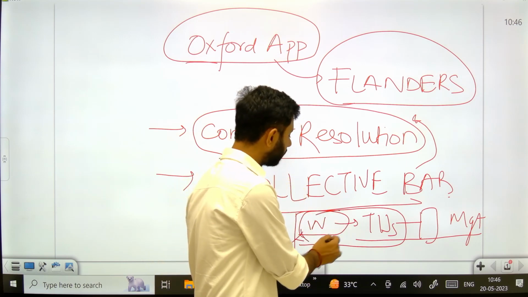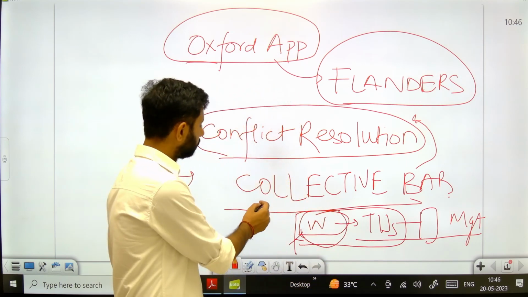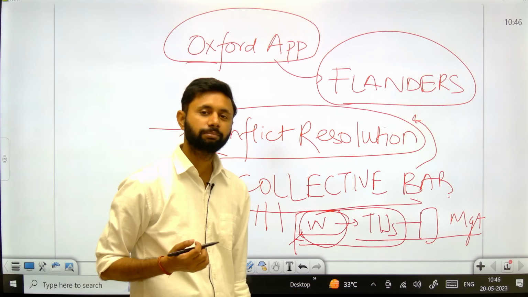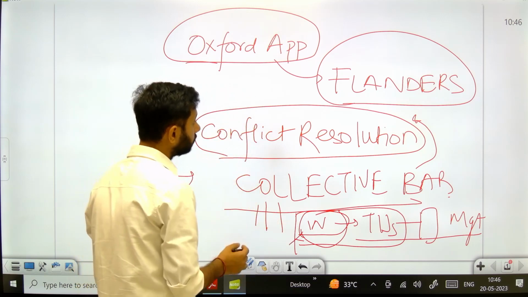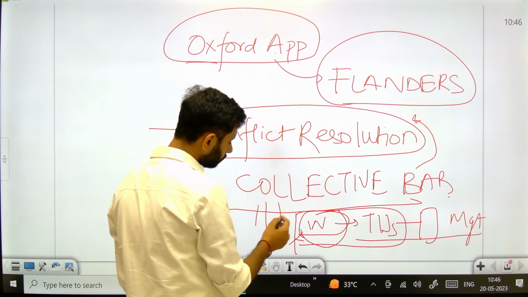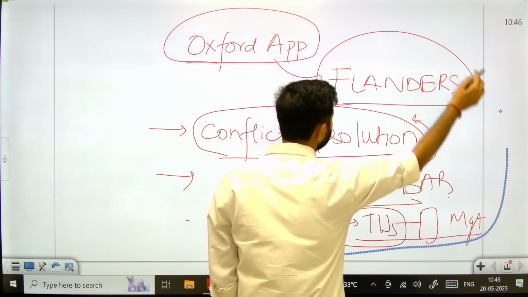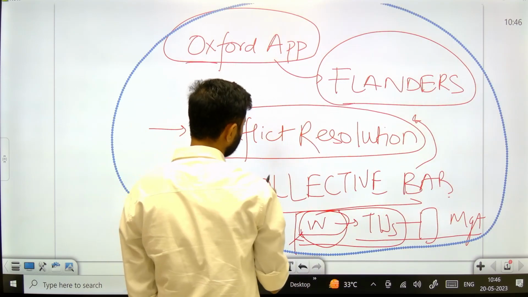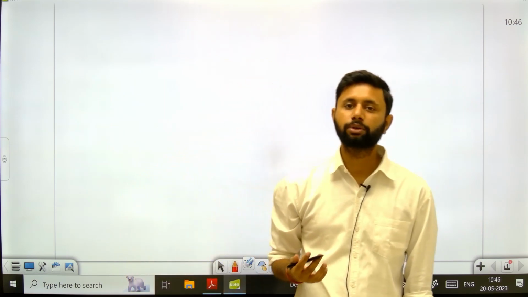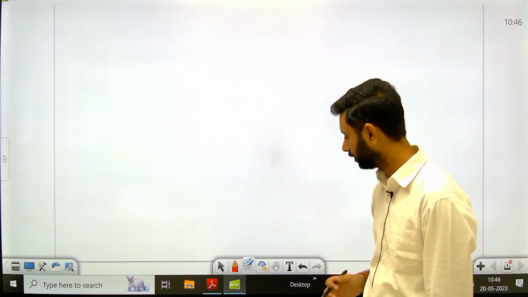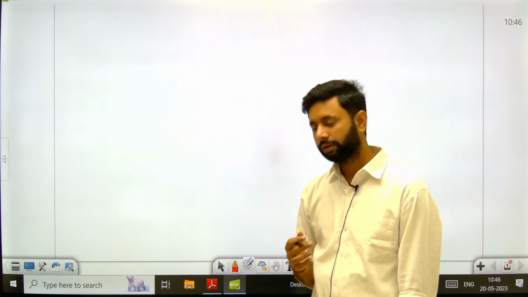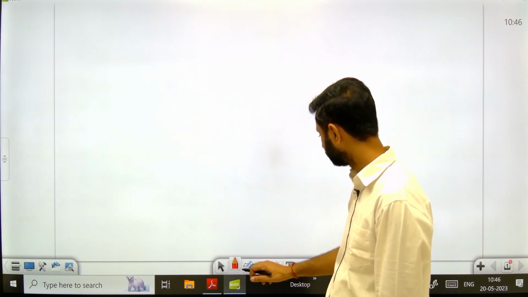But when the whole collective is going, the weightage and the leverage becomes strong. That's where this Oxford approach talks about collective bargaining as a methodology to resolve conflicts, and when they are able to resolve conflicts, the relationship between stakeholders will be just fine and the continuity of production will go on.